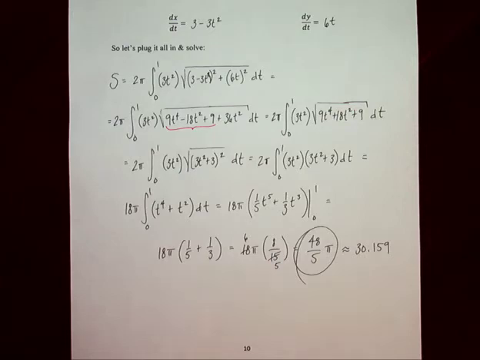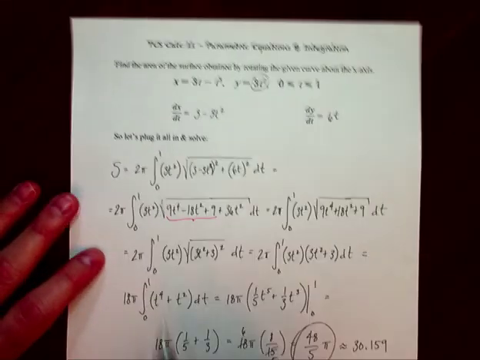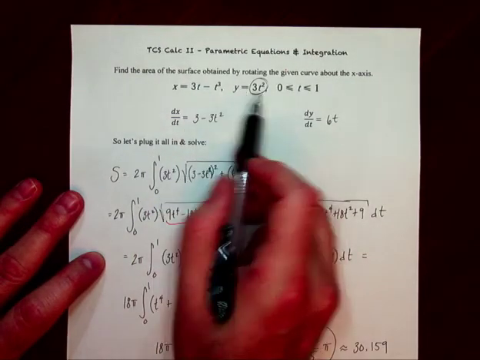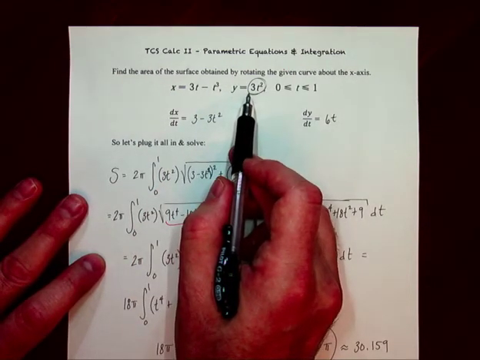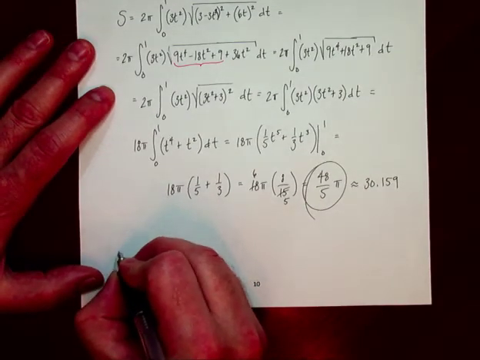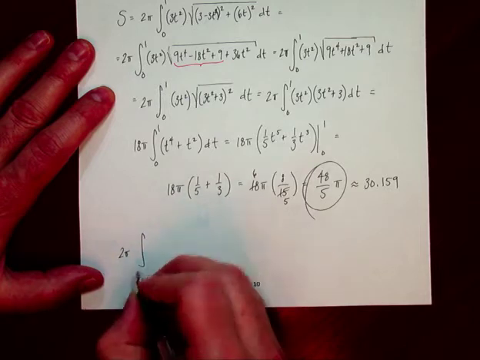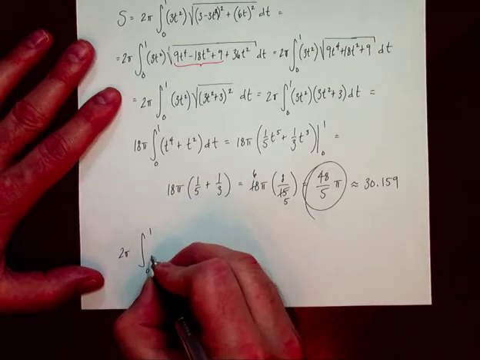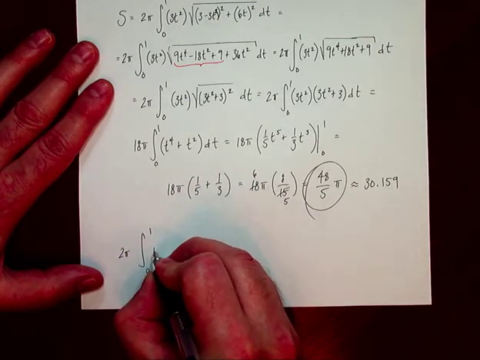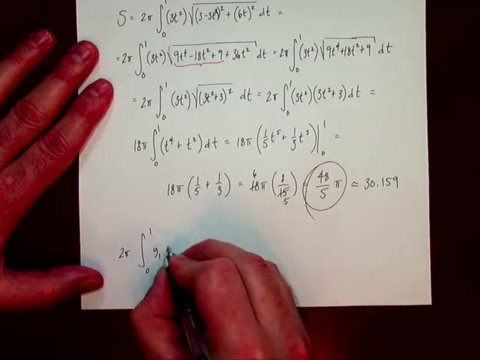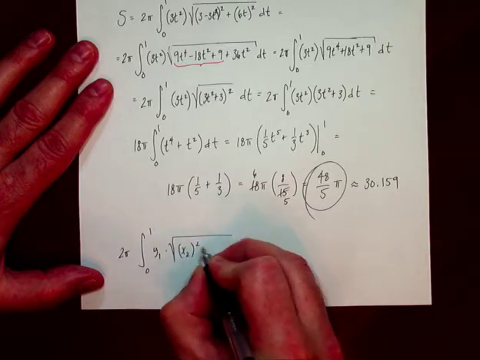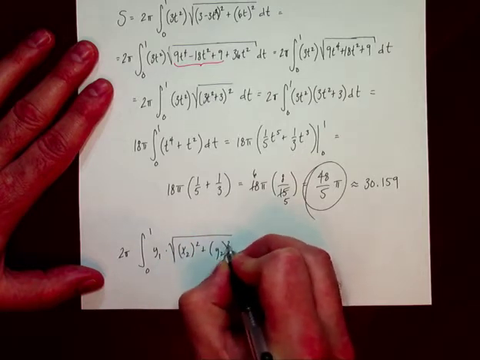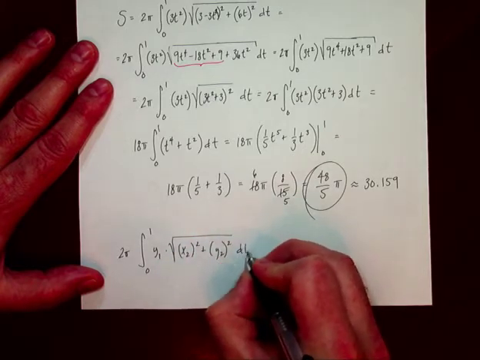And again, you could take these and plop them into your x1 and y1 in parametric in the y equals menu, and then use the integral of 2 pi, 0 to 1, and then of course it would be y1 times the square root of x2 squared plus y2 squared, and then just dt.